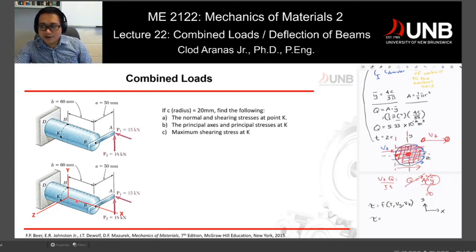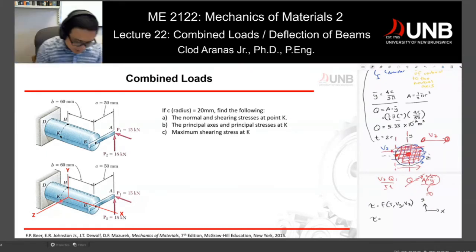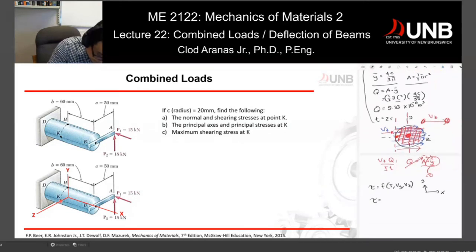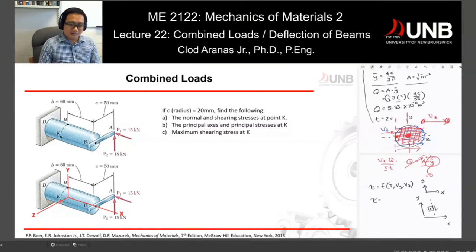Torque is rotation along our x, which produces a downward force here at the edge of point K. If we imagine our y and x axes, and that's our point K, we are producing a negative shear. Remember that this would be your positive shear right here. So your torque produces a negative shear, which gives Tc divided by J, a negative number.